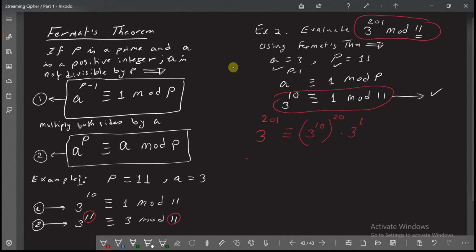And of course here everything is mod 11, and let's see how we can simplify this. So when you have 3 to the power 10.